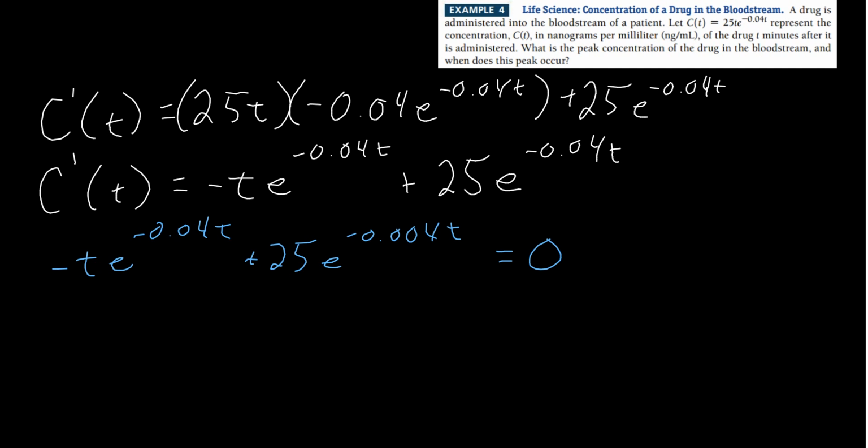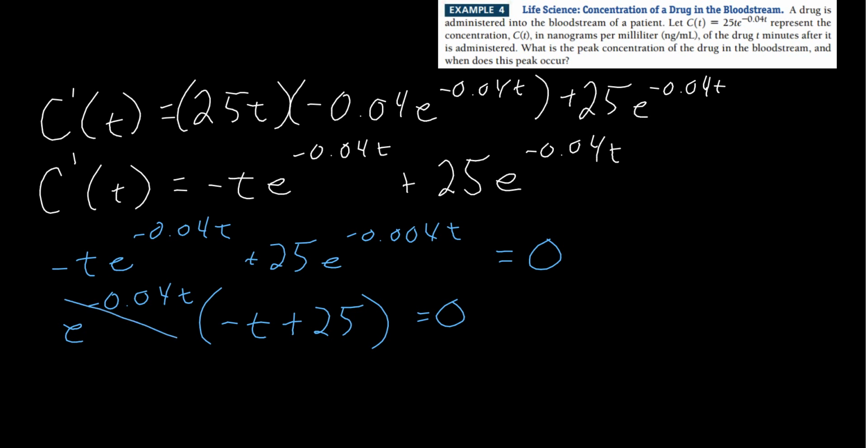We can factor out an e to the negative 0.04t, and what remains is negative t plus 25 equal to 0. We can disregard the exponential, and negative t plus 25 gives us t equal to 25. That is our critical point.